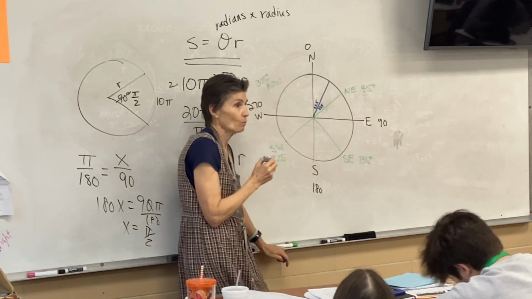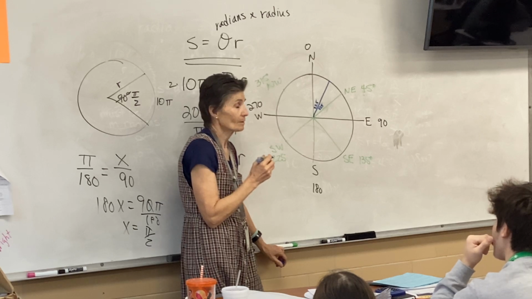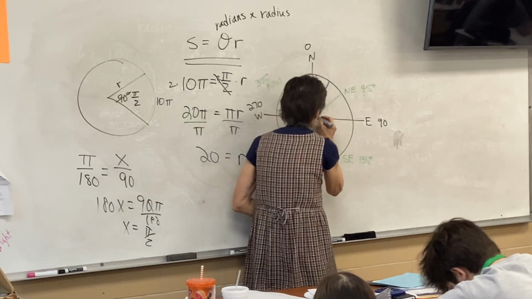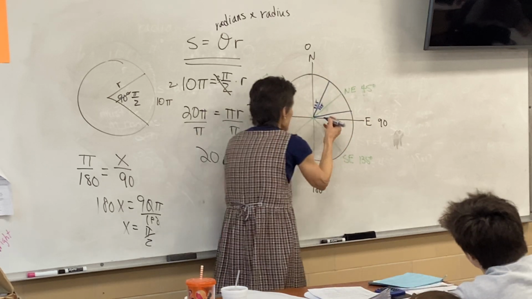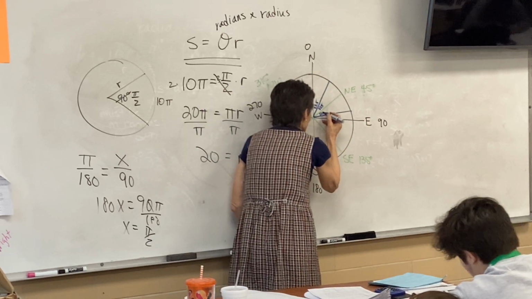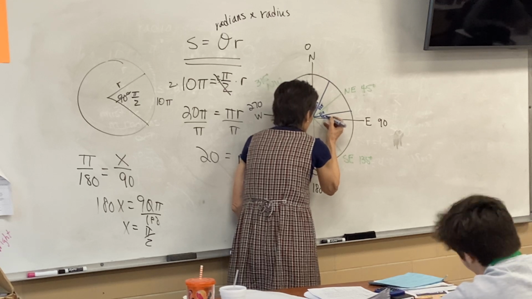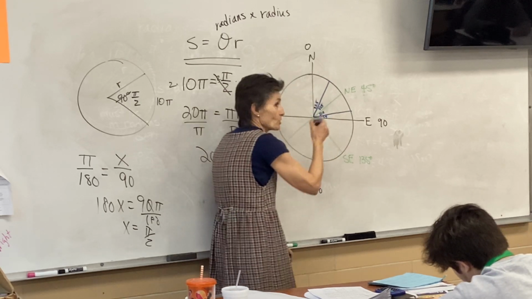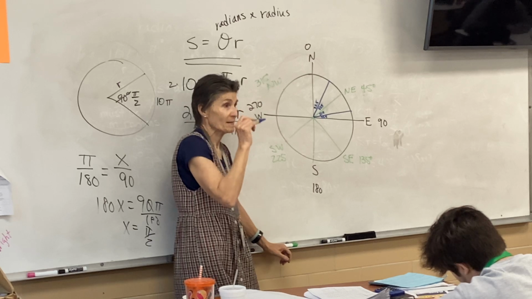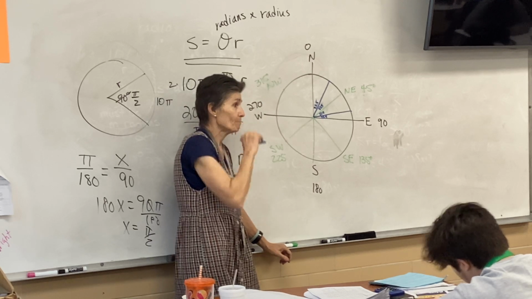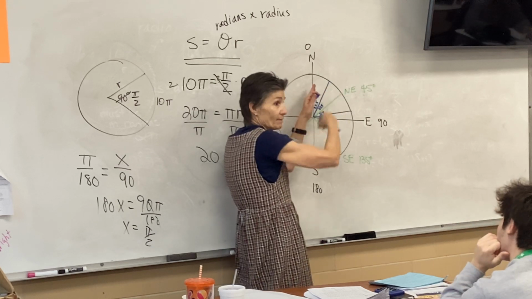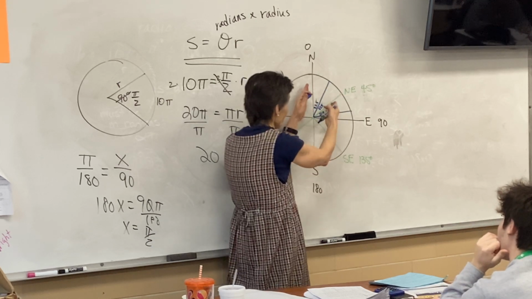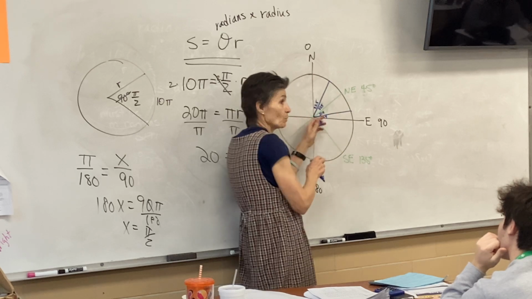Because I split the 45. And I could do the same thing here, and these would be 22 and a halves also. Now, I'm not going to label all those all the way around. But every time I split my 90s, I got 45s. When I split my 45s, I'm getting 22 and a halves.